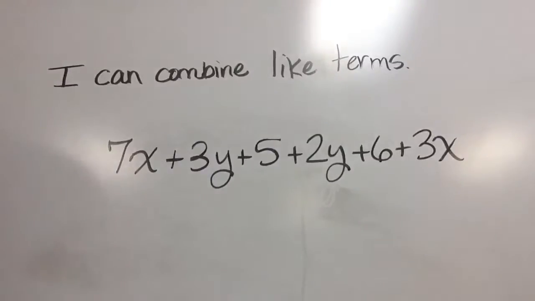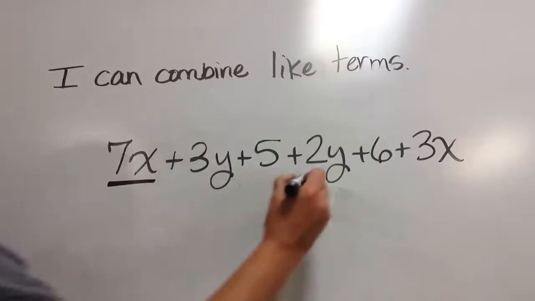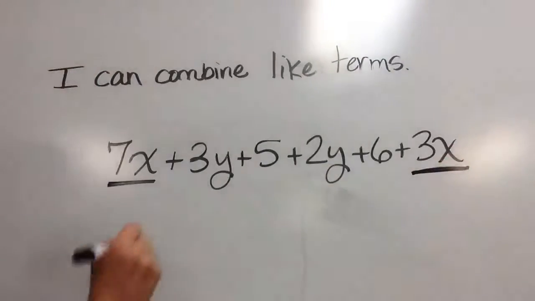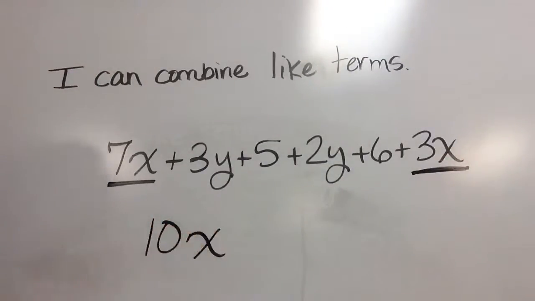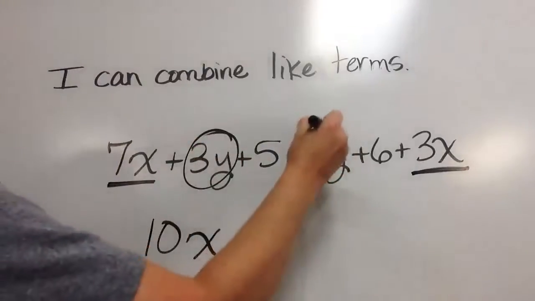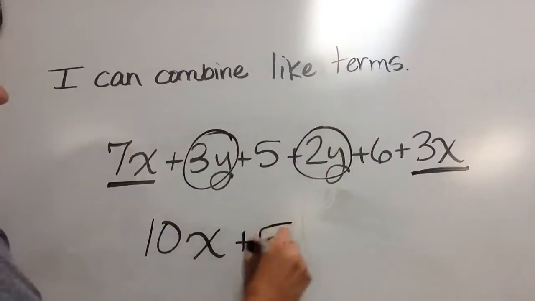So the first thing I like to do with combining like terms is mark my terms that are like terms. So 7x and 3x can be combined to 10x. And then my other terms that are same are 3y and 2y, which can be combined to 5y.